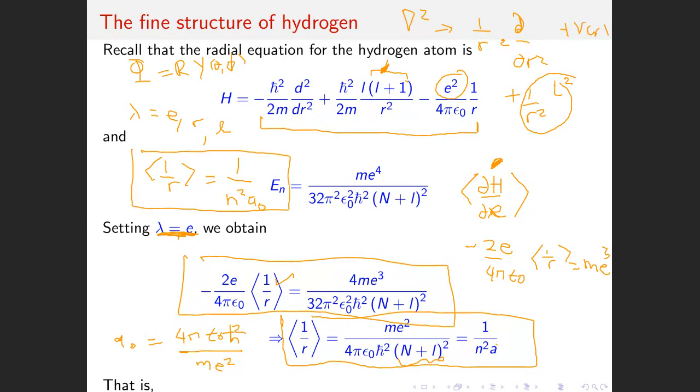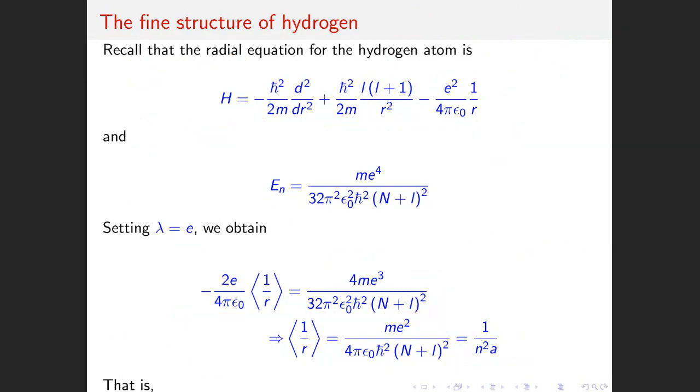And then you do the same thing for the expectation of 1 over r squared. So let's see, if you wanted the expectation value for 1 over r squared, remember that the Hellmann-Feynman theorem tells you that if you differentiate, dH by d lambda will give you dE over d lambda.